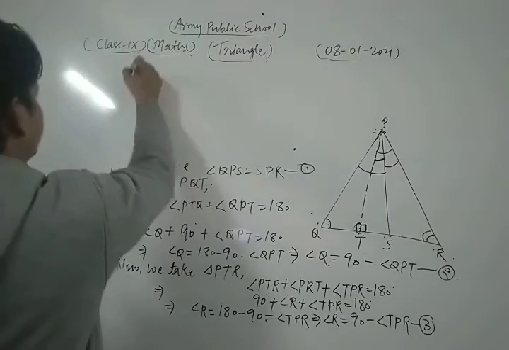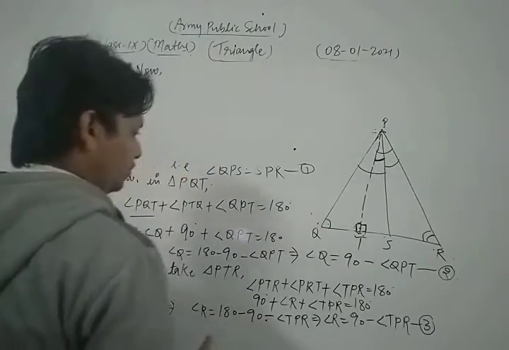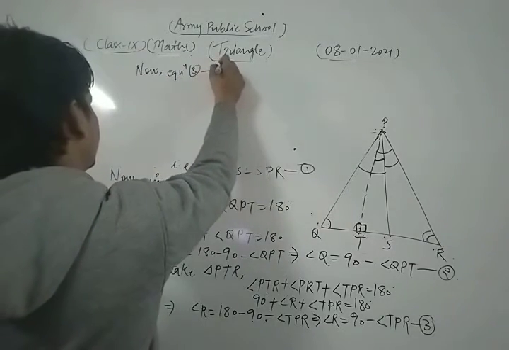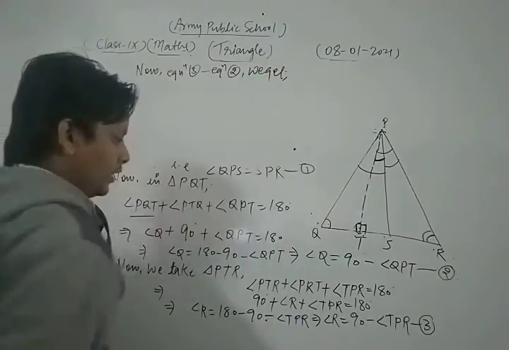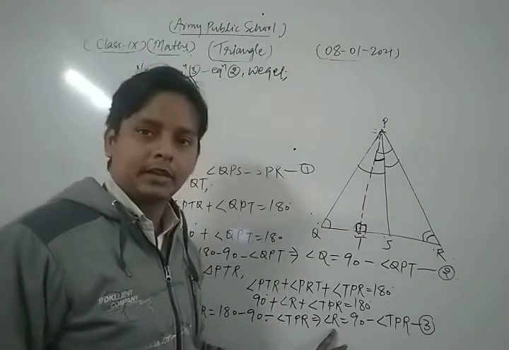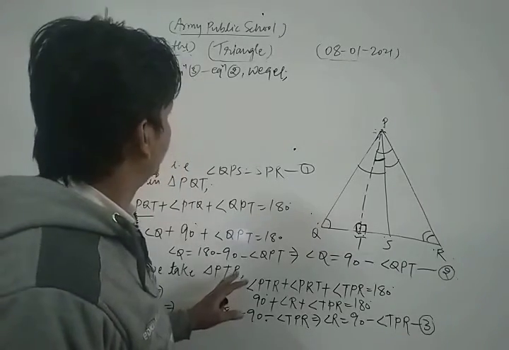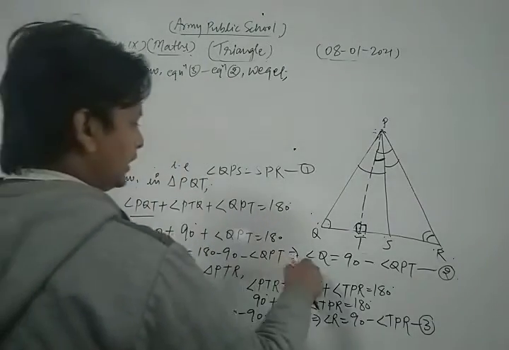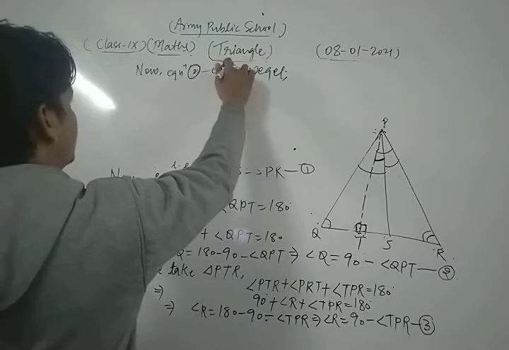Now friends, subtracting 3 from 2, because we want the result Q minus R. So equation number 2 minus equation number 3.